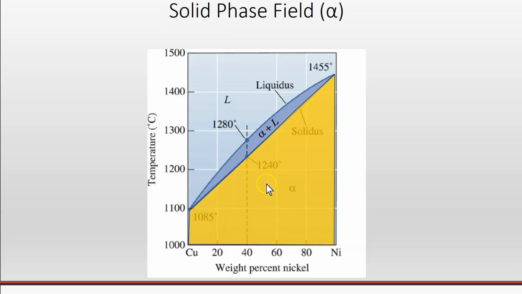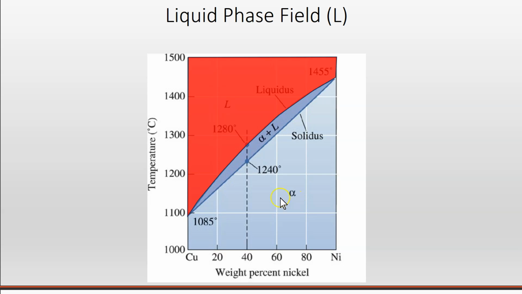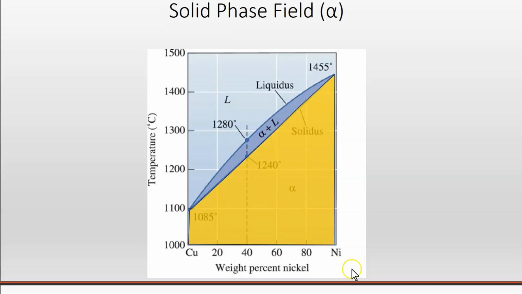Similarly, any combination of temperature and composition in the shaded area will be a solid. This is the solid phase field, and it's been given the symbol alpha. The Greek characters are usually used to describe what are called solid solutions in the system. So alpha represents a solid solution of nickel in copper.